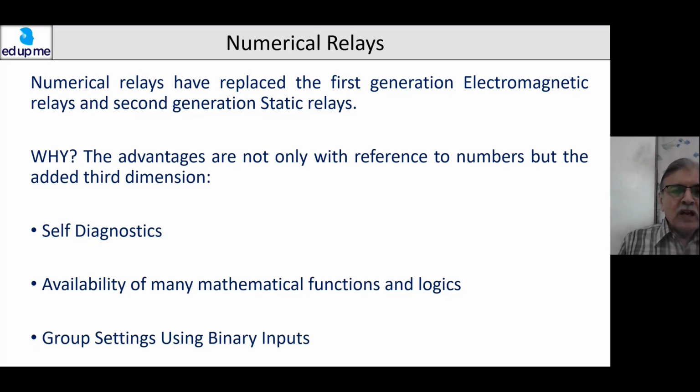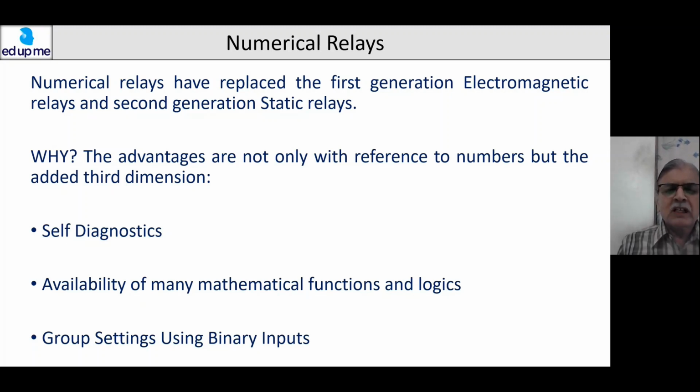One may want only the fundamental out of the distorted waveshape, or extract the second harmonic, or somebody wants to extract the fifth harmonic, or take out the DC offset, or extract negative phase sequence current or zero phase sequence current.